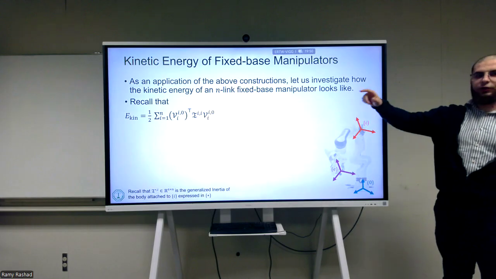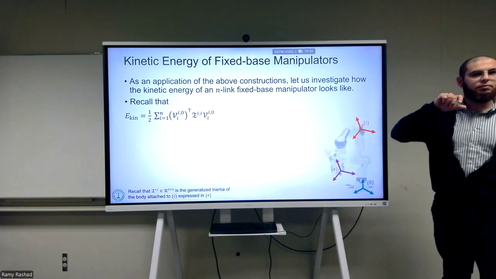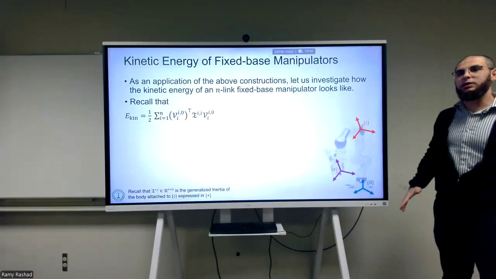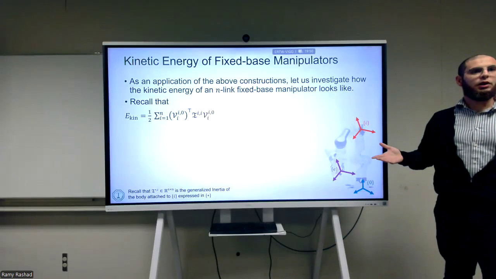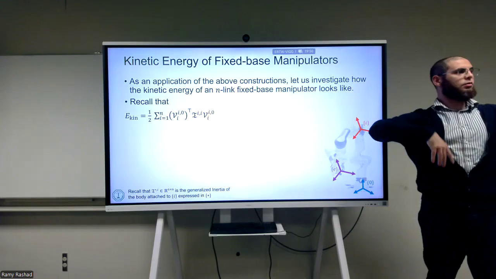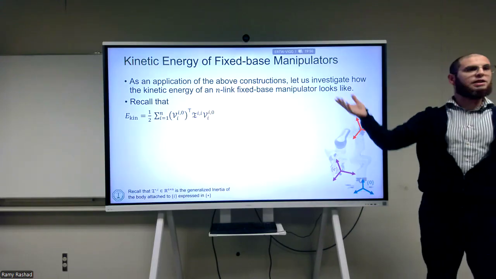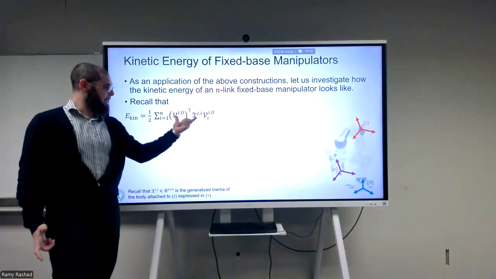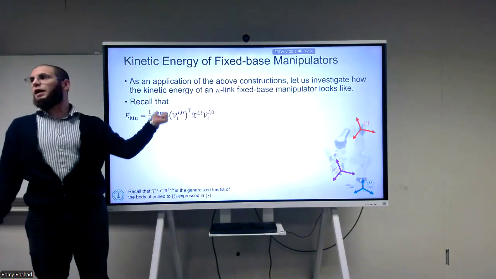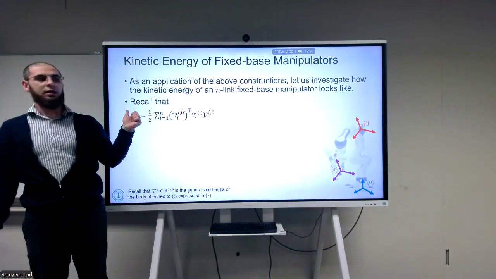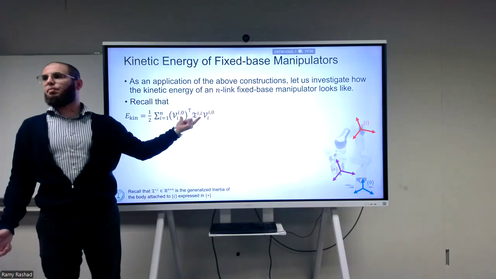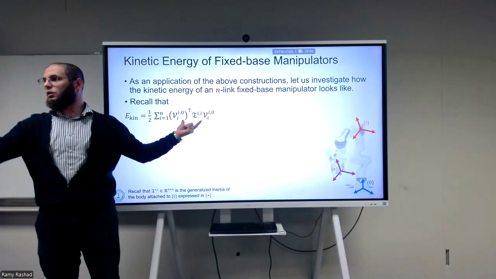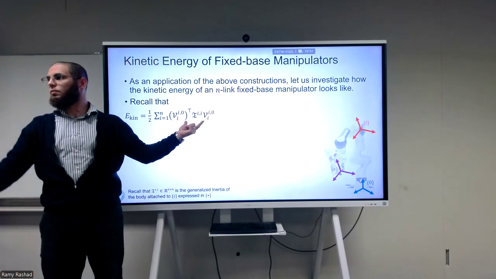Take a look carefully. All the bodies of the whole robot. All the joints are just moving around, so each link is doing something, and in the end, if you take the summation, you see there's a summation here from I equal 1 to n, and each one of these components is simply the kinetic energy of the ith body.